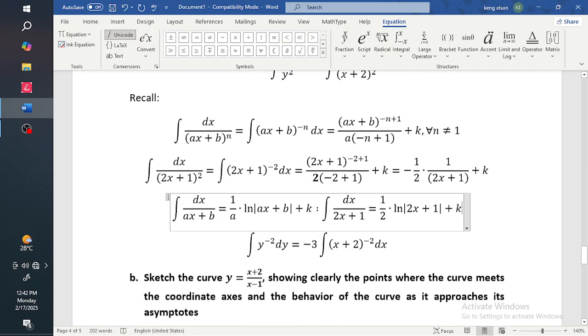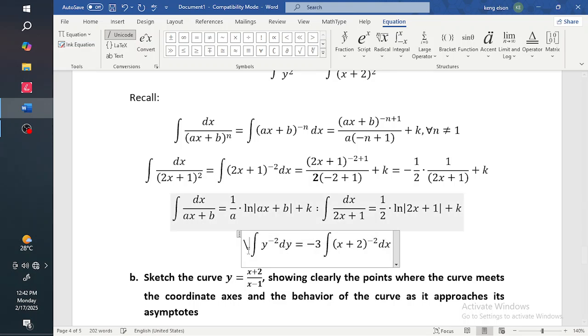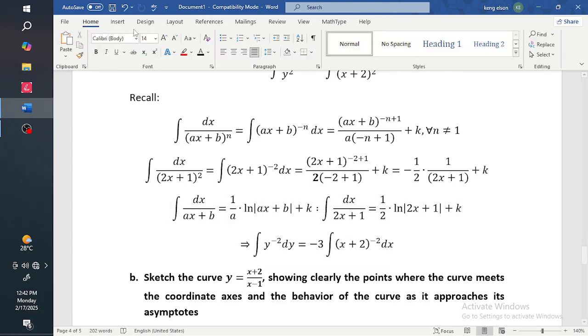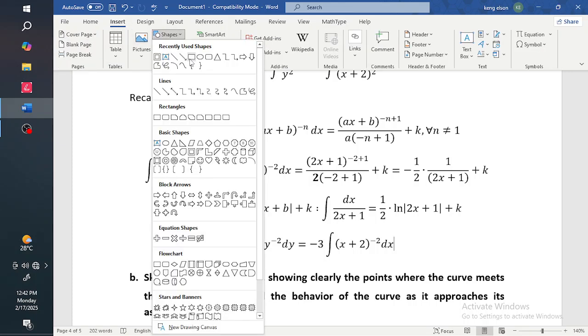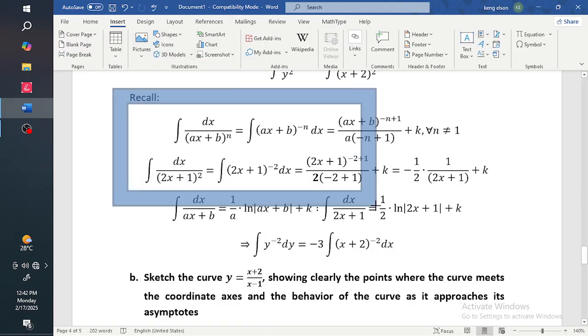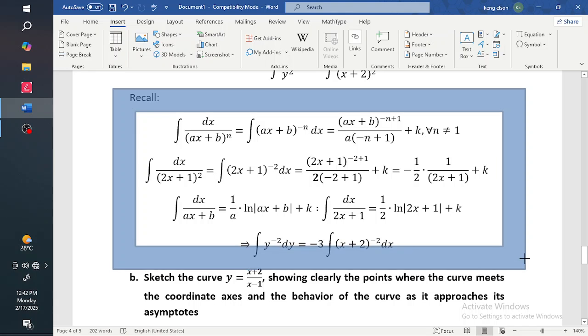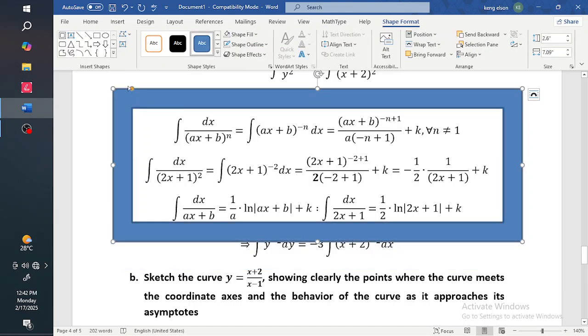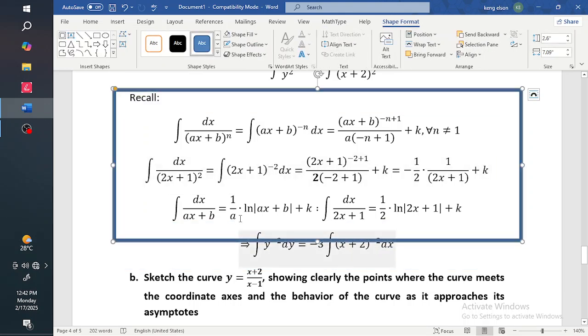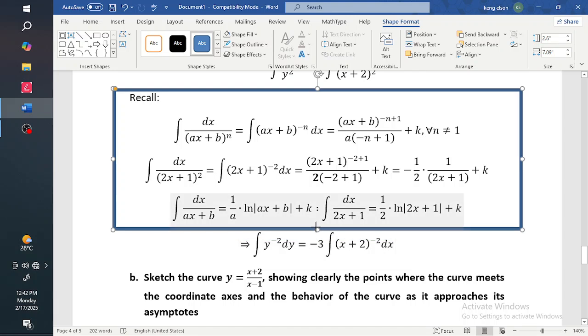Alright, so let's pick up from here. This is just a basic recall. Let me highlight it so that you don't get mixed up between the recall and the solution. So the recall ends here.